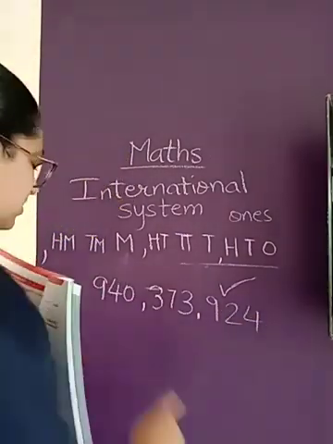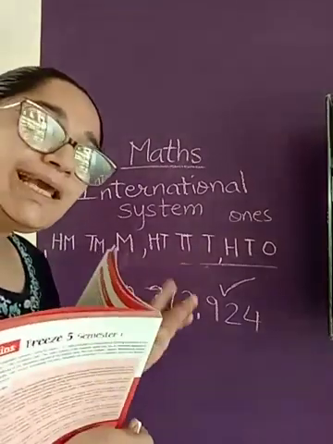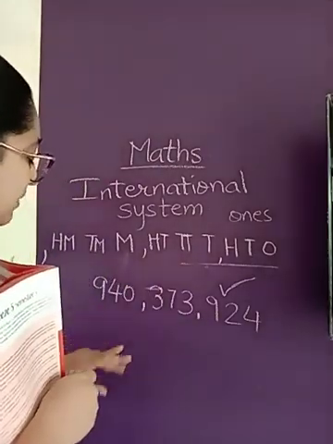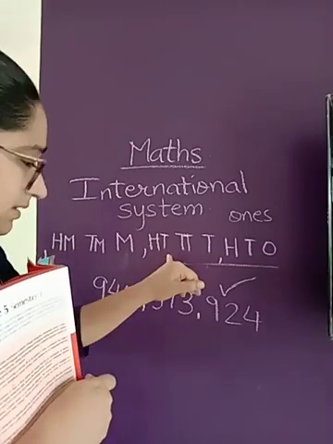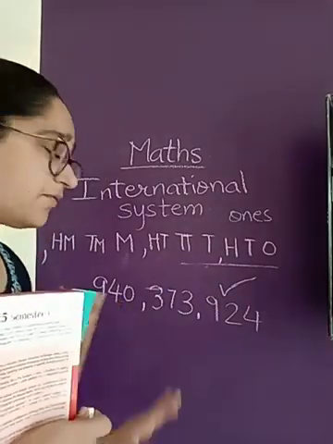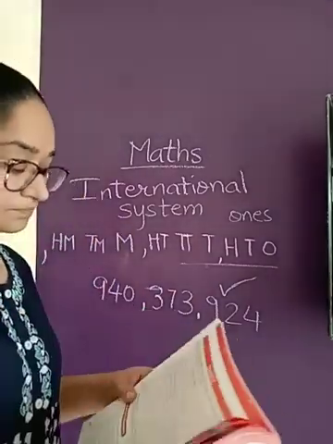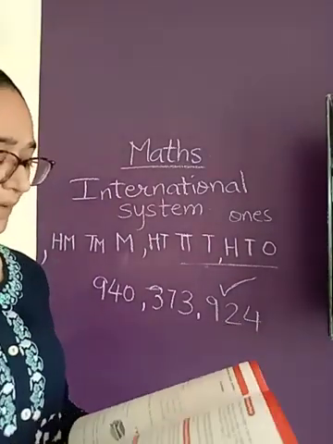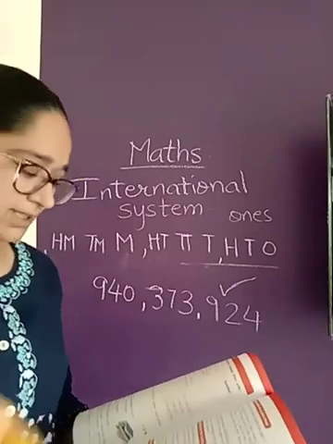So this is my number. I will put a comma after every 3. So this becomes 940,373,924. This is the way you write the number from a number name. So the rest I expect you to do. If any doubts, any problems, you can ask me.